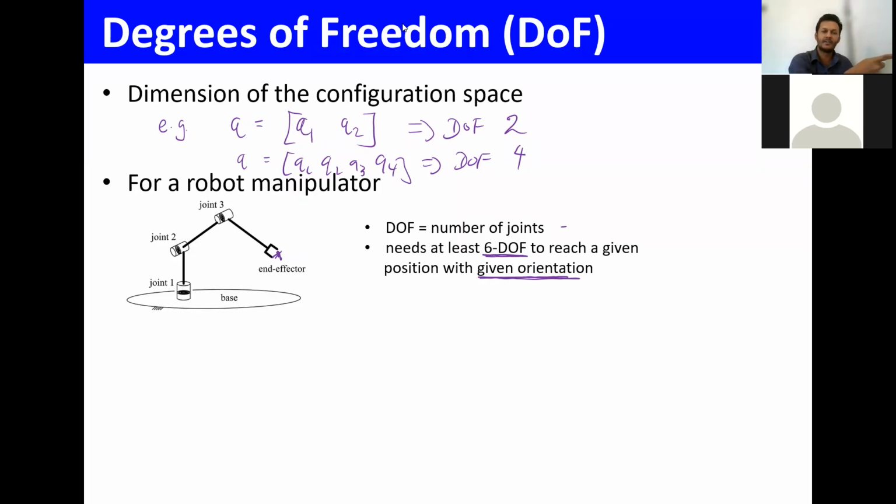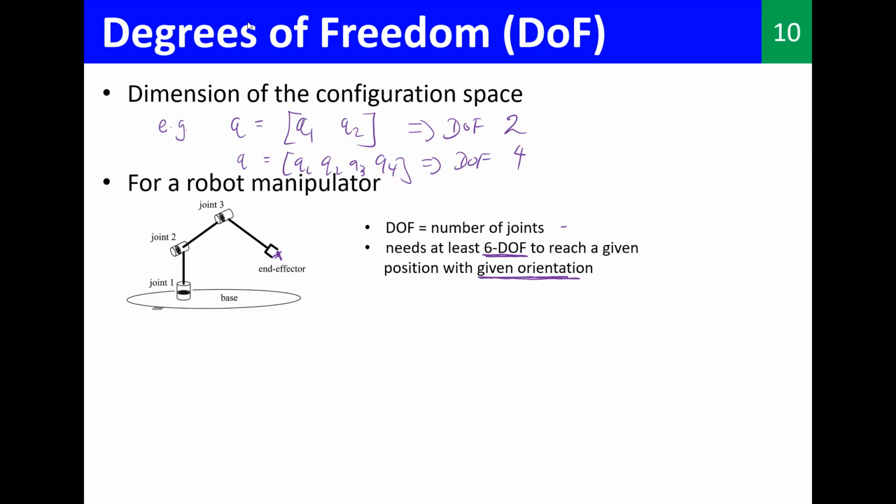In that case, we need 3 more degrees of freedom that we will learn later, in orientation representations: roll, pitch, yaw. Don't worry about it right now because we have separate lectures for orientation representation. Just remember for today that we need 6 degrees of freedom to reach a position with given orientation.